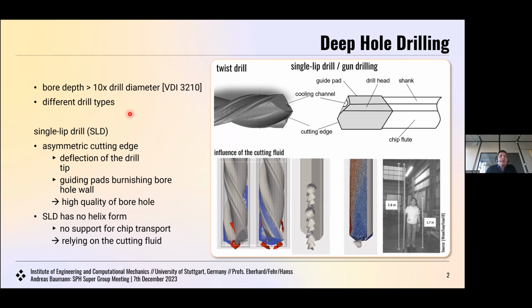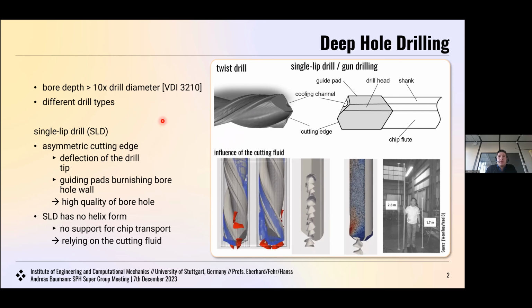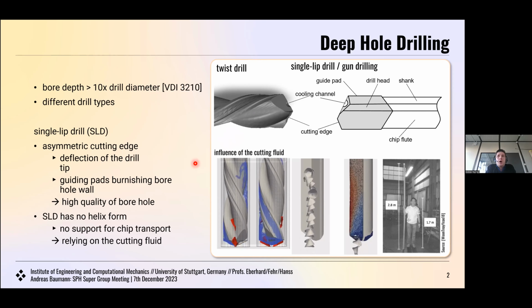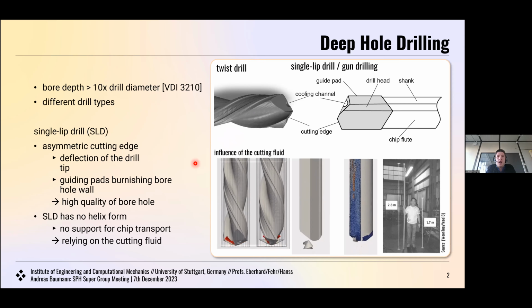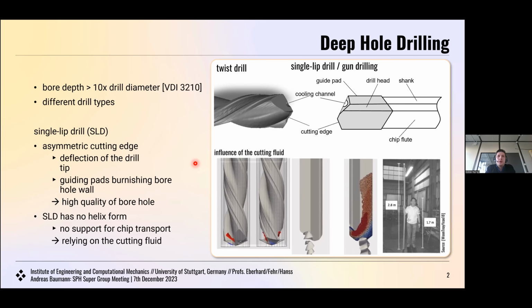Deep hole drilling refers to deep boreholes which are 10 times the diameter in depth, so quite deep. Compared to drilling holes at home, usually when we drill a hole into a wall, or even with an industry drill for machining metal parts, we regularly remove the drill out of the borehole and then push it back in to continue drilling.